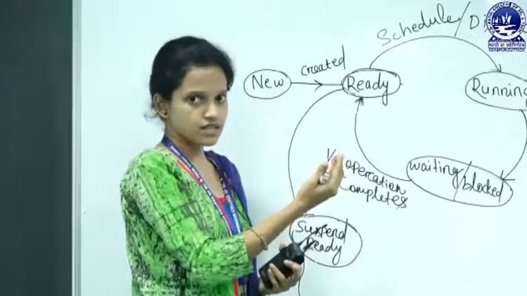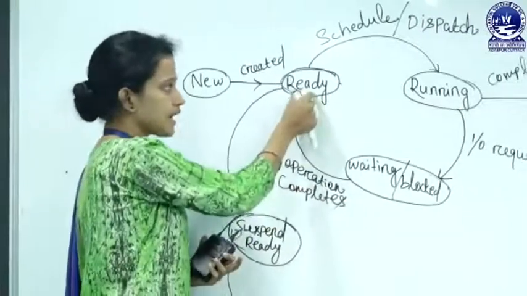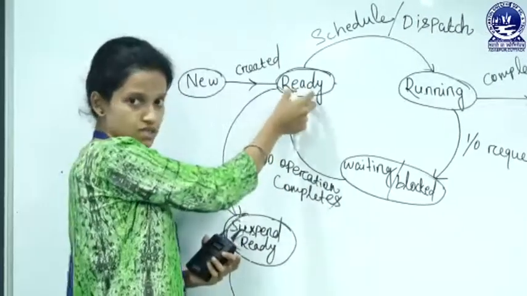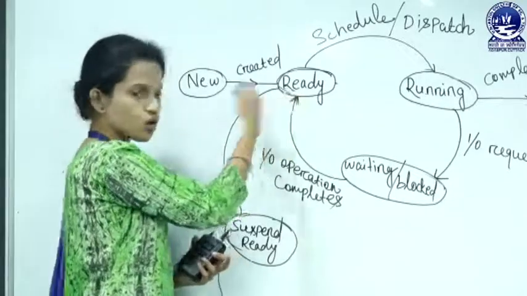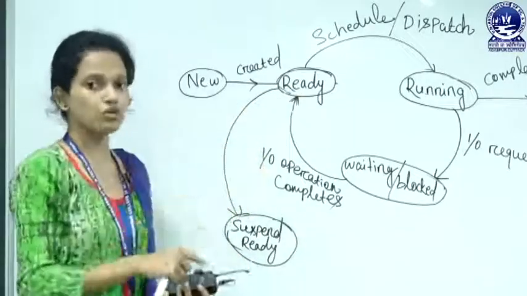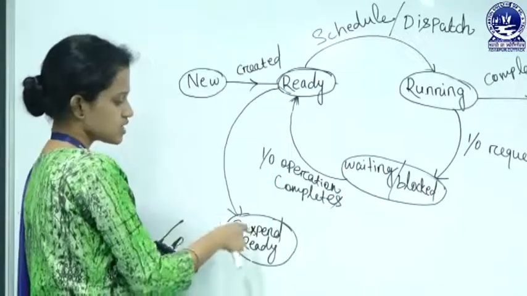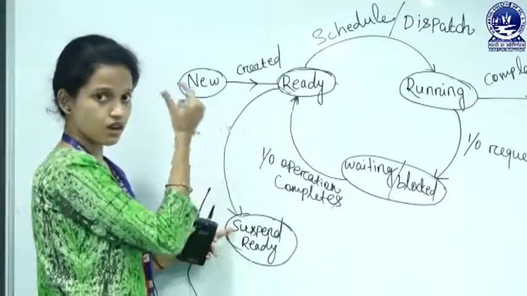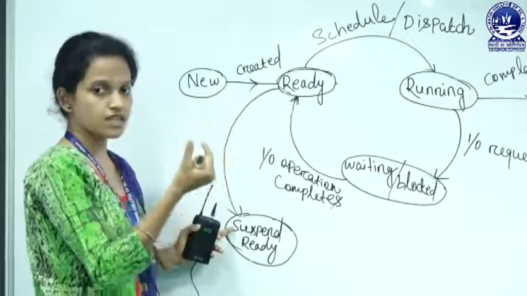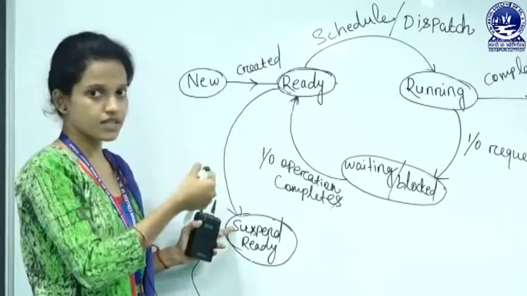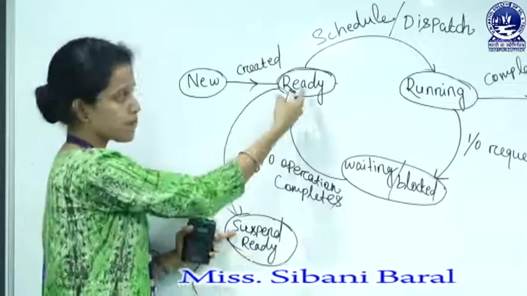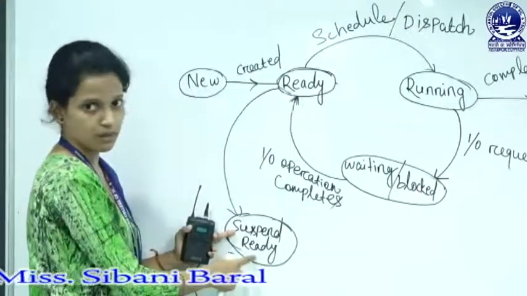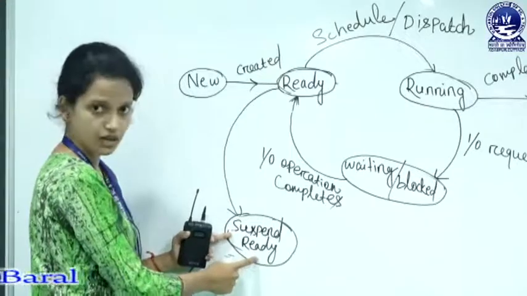The operating system selects a process having lower priority, and it is suspended by the operating system and swapped out from main memory to secondary memory. So, this is one type of secondary memory.